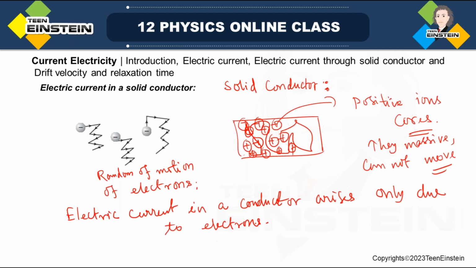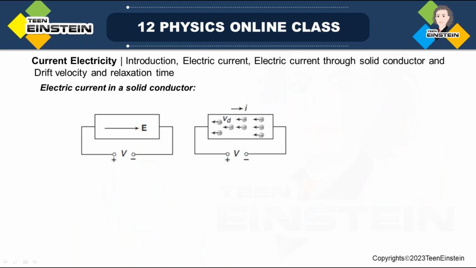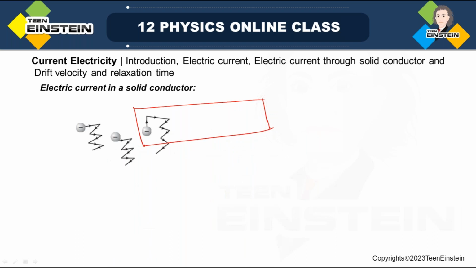Now we'll see what happens in general inside a conductor when an electric field is not applied. There are free electrons. How is their motion?